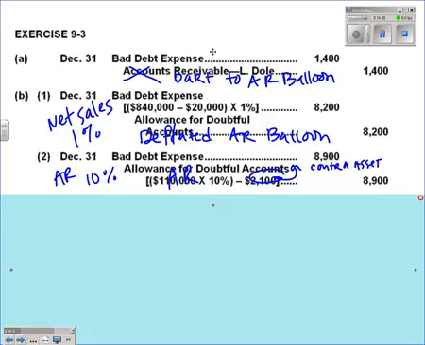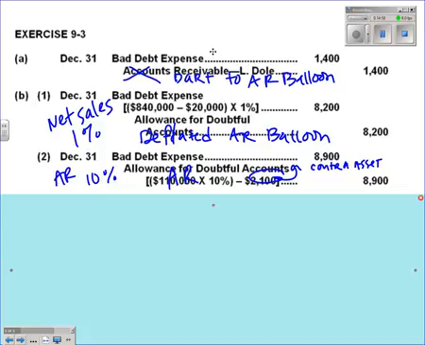Because number 1 is looking just at net sales. We don't care what AR has as a balance, because allowance for doubtful accounts is a contra AR account. When you're looking at sales, you're strictly looking at sales. When you're down here and looking at AR, you have to take into consideration its contra account as well.